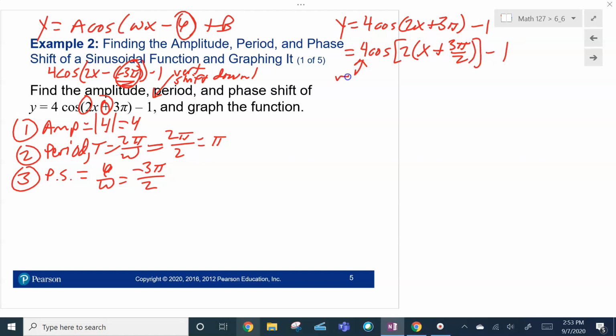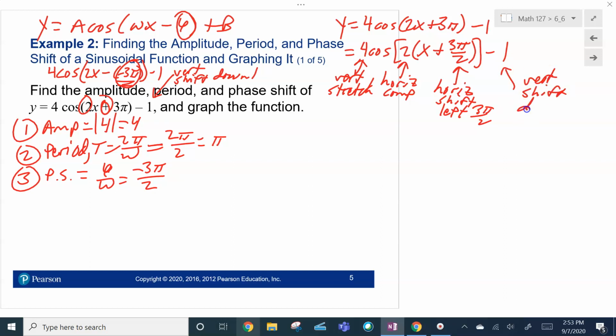Now we see vertical stretch by a factor of 4, horizontal compression. So instead of a period of 2 pi, we got a period of just pi in this case. And then now we've got the horizontal shift left, 3 pi halves. And then we've got a vertical shift down 1.